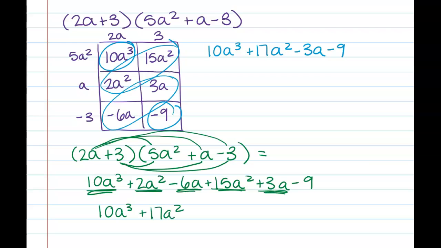Negative 6a plus 3a is negative 3a minus 9. So you get the same answer regardless of which method you prefer.